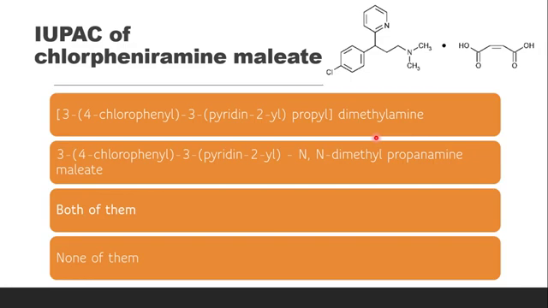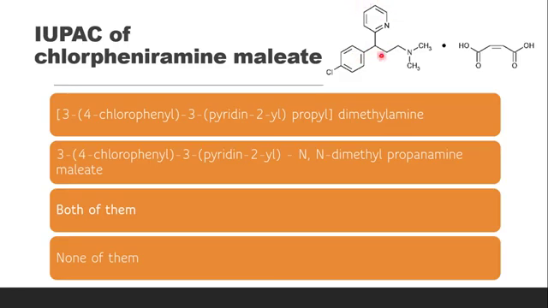It can be named according to the alkylamine suffix, and it can be named according to the propylamine, that is propanamine. So we will see the options. Now at the third position, 1, 2, 3, first carbon, second carbon, third carbon of propyl. At the third carbon there is a presence of chlorophenyl ring and presence of pyridine ring.